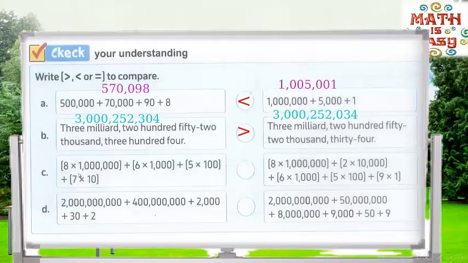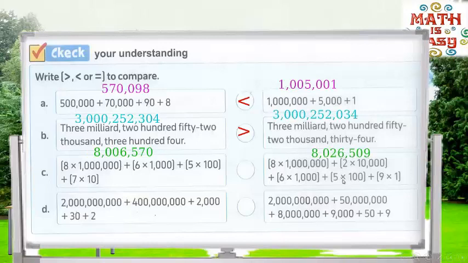C. We have here 8 times 1 million, 6 times 1,000, 5 times 100, 7 times 10. What is the number in standard form? 8,006,570. And here 8 million, 2 times 10 means 20, 20 what? 26,000. 8,026,000.